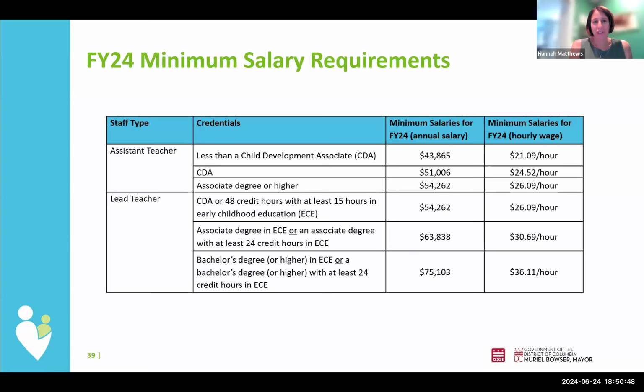So that's a great question. And again, I understand the importance of wanting to get information on fiscal year 25.